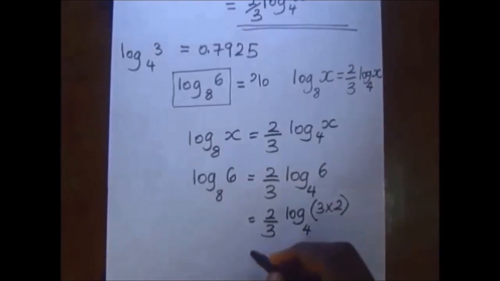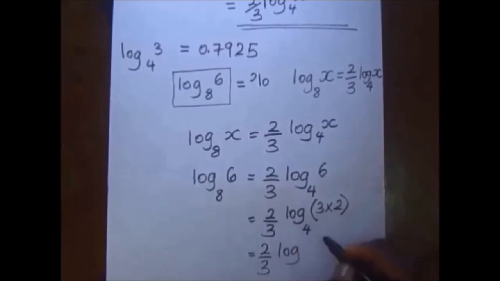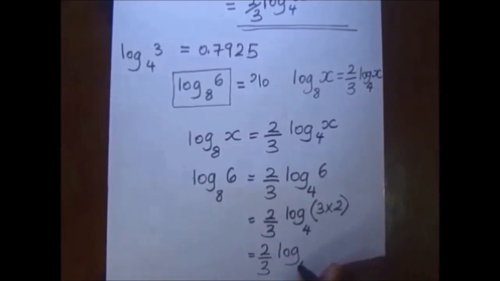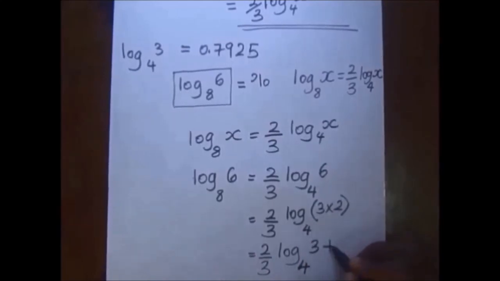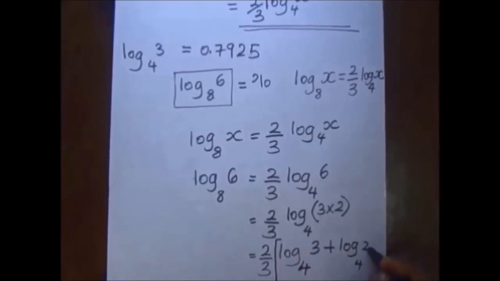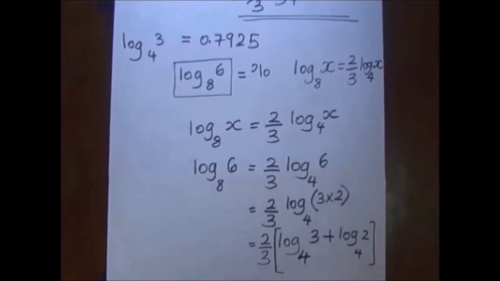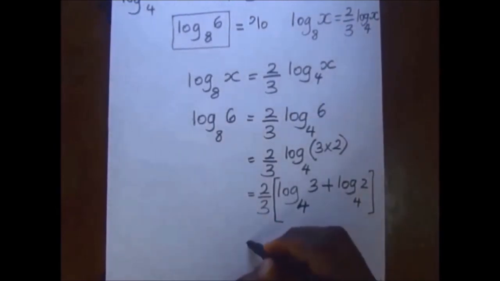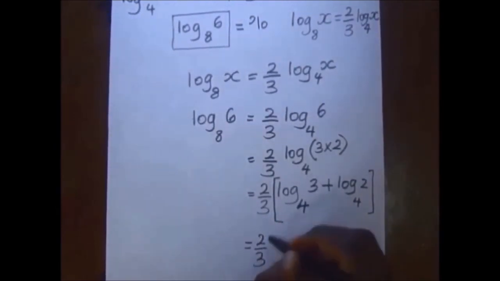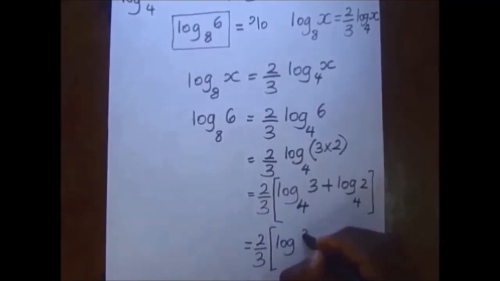So from there it is the same as saying 2 over 3 of log base 4 of 3 plus log base 4 of 2. If we continue like that, this is going to become 2/3 into logarithm of 3 base 4 plus log of 2 base 4.